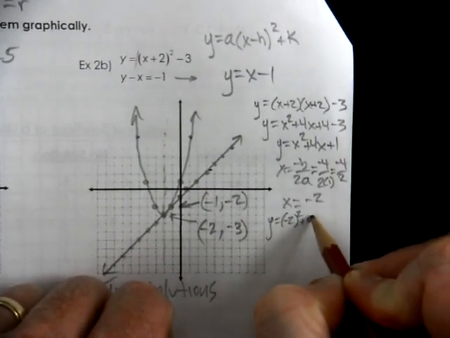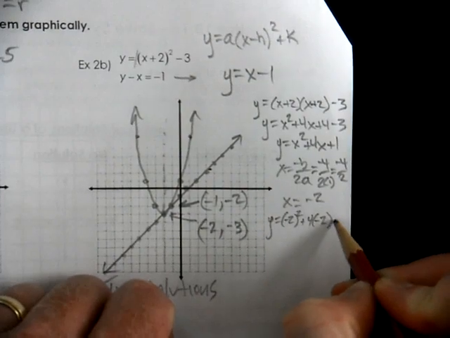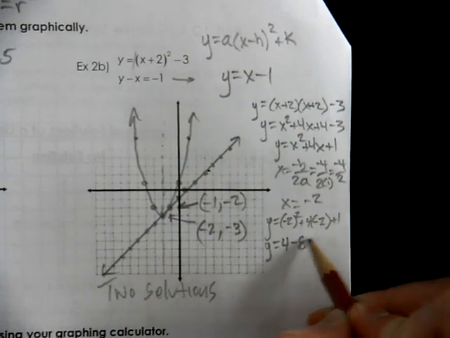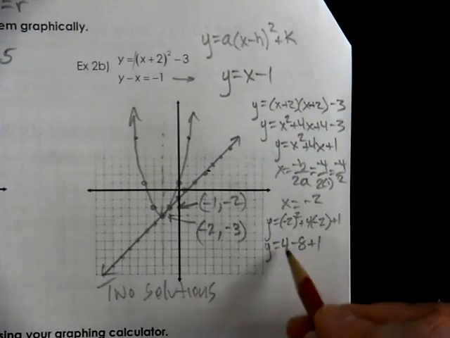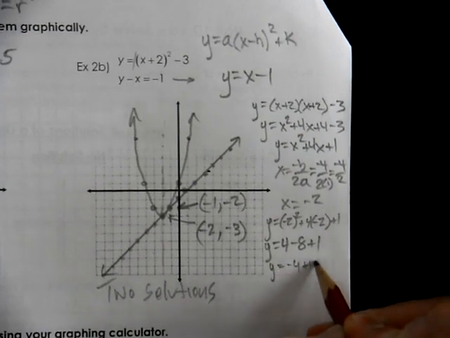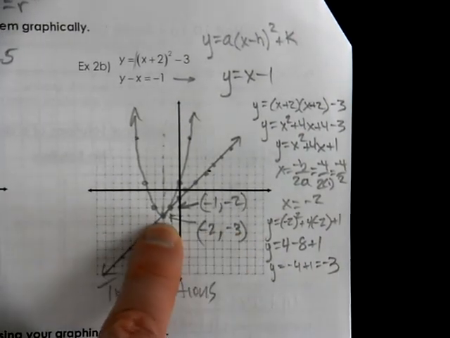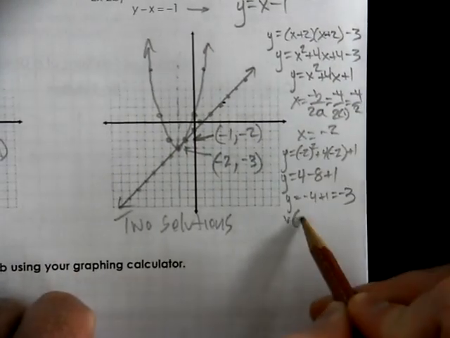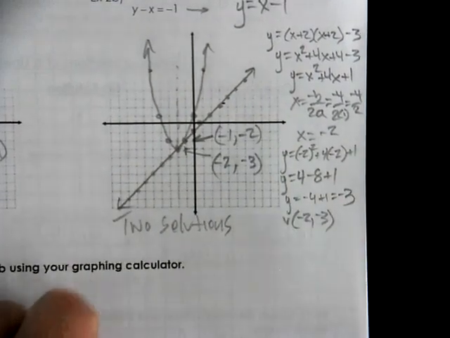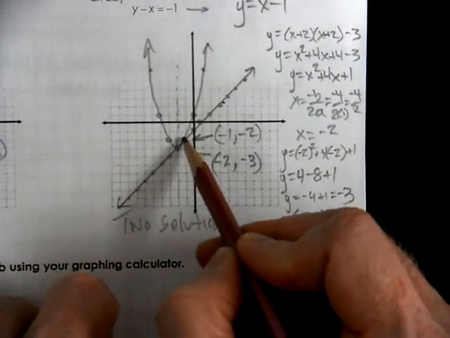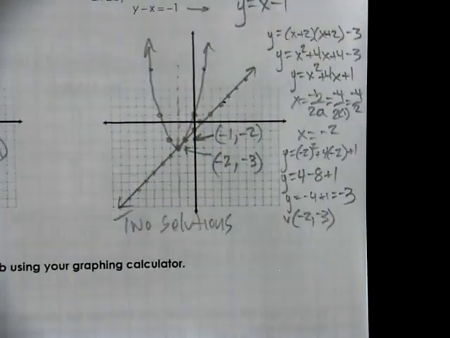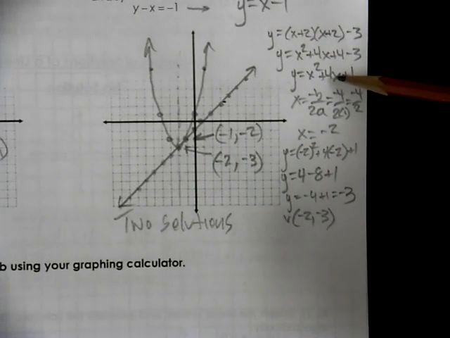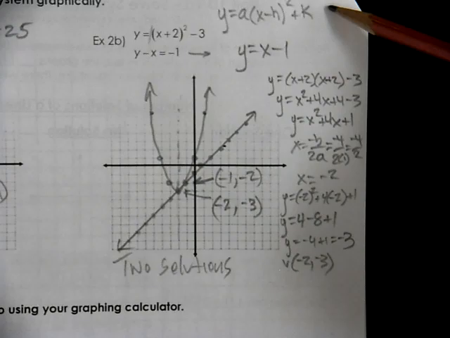This is if you're working with standard form. How would you consider graphing that? That might come up in the homework. So that's a negative 4 plus 1. We're expecting that to be negative 3. Perfect. So we have our vertex at negative 2, negative 3. And then we would go 1 over 1 up, 2 over 4 up, 3 over 9 up. So you can graph in standard form or in vertex form.